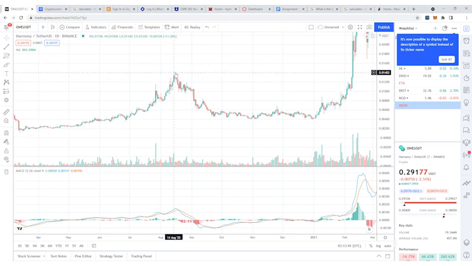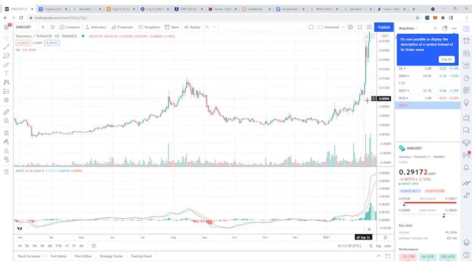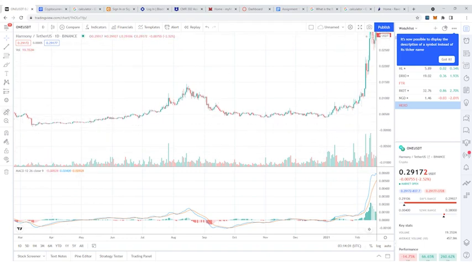Here's that 400 level. Let's just say this is 400 on Litecoin. We drop down, we have this low consolidation, and then we start seeing those higher lows. Those higher lows start stacking up, and all of a sudden we break that resistance level. So here we go, we got that resistance level broken, and we start to skyrocket.